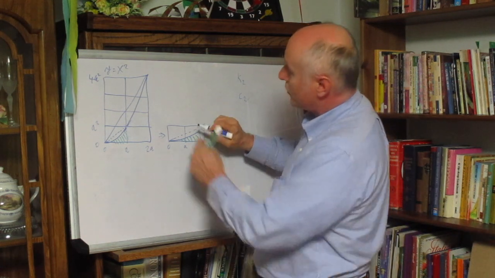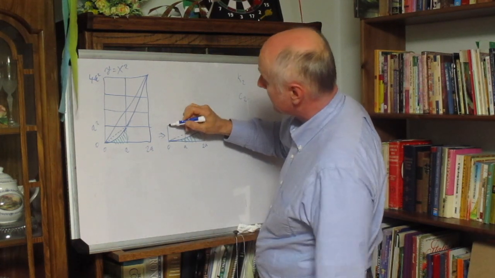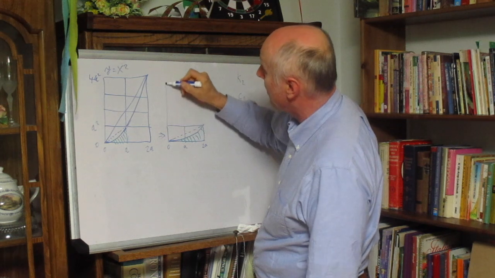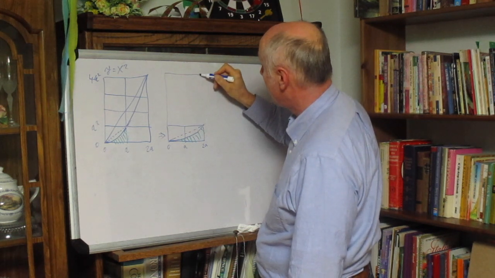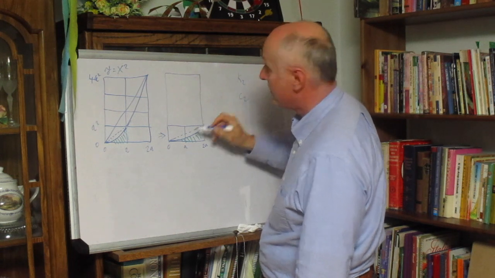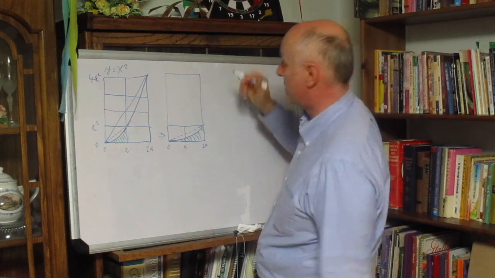Let's now do another pull in the y direction. Essentially, we're going to pull 4 times up, because here we're a squared, 4a squared. We're going to pull 4 times.